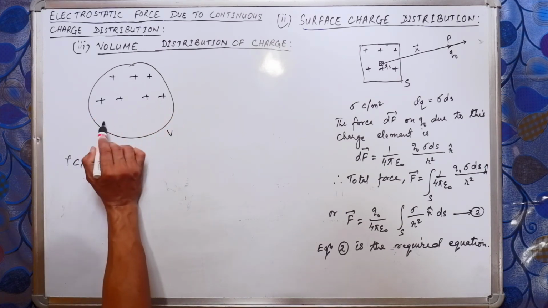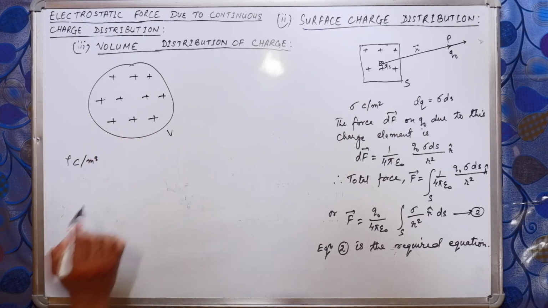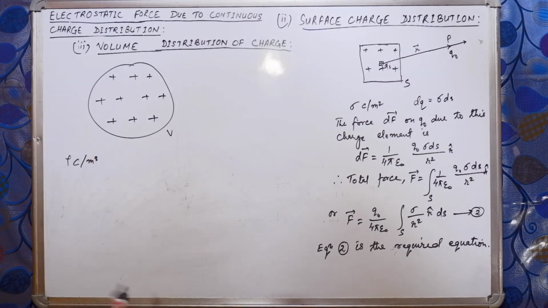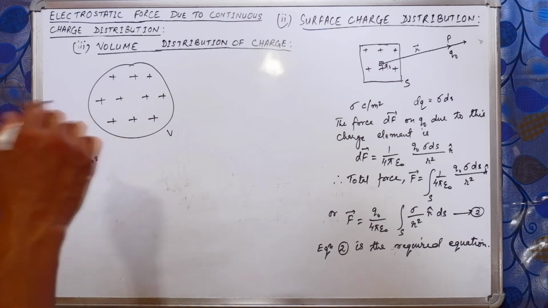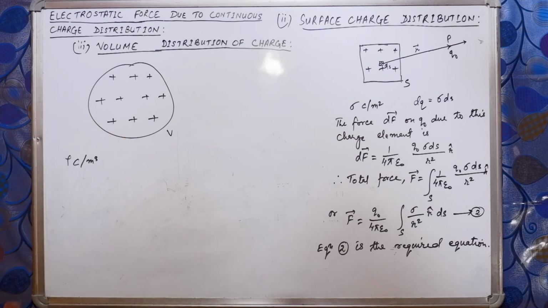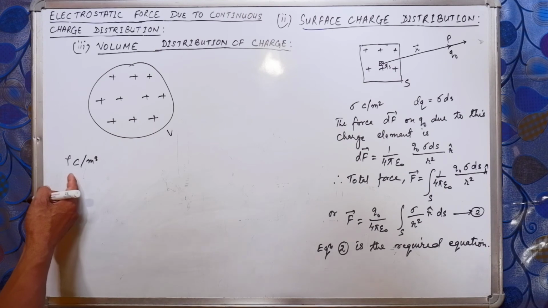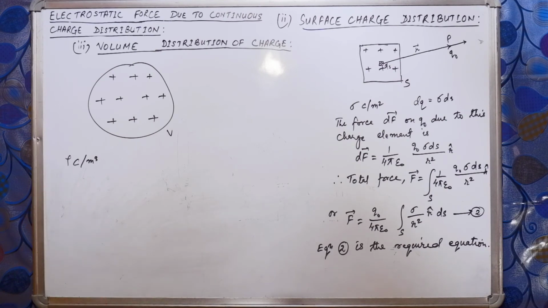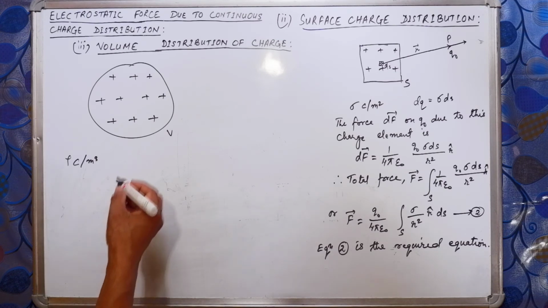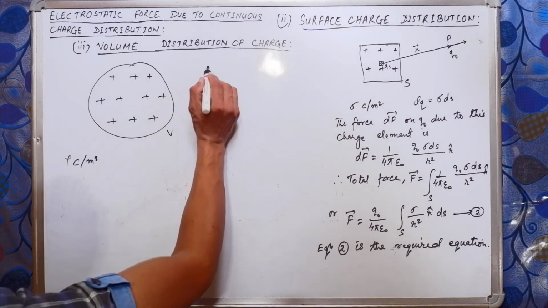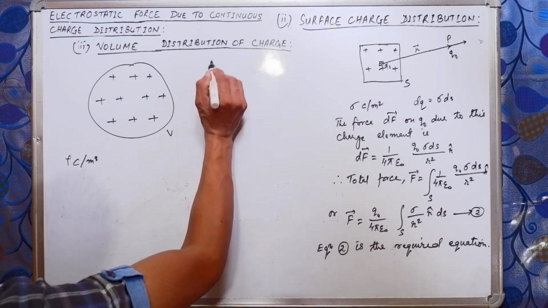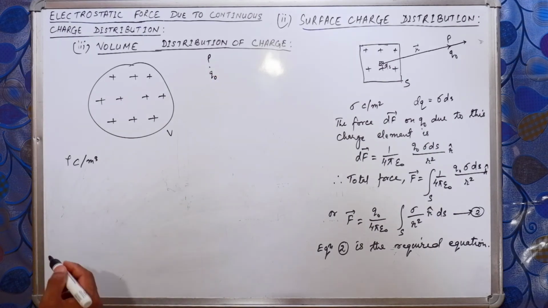This positive charge is uniformly distributed over the whole volume, so that we get the charge density as rho coulomb per meter cube. It is desired to find the total force F on the charge Q naught, which is placed at point P.